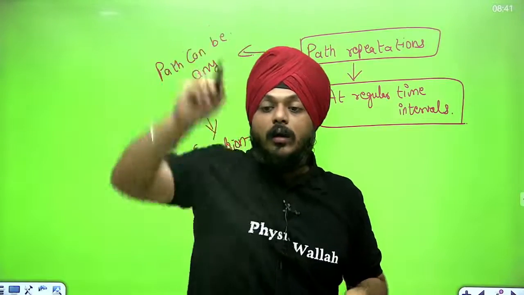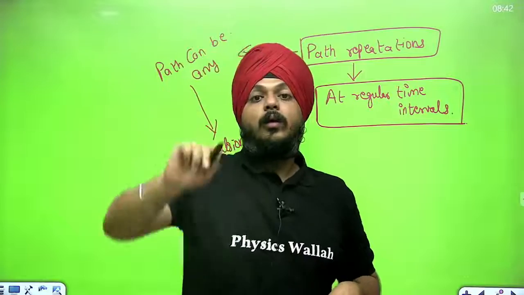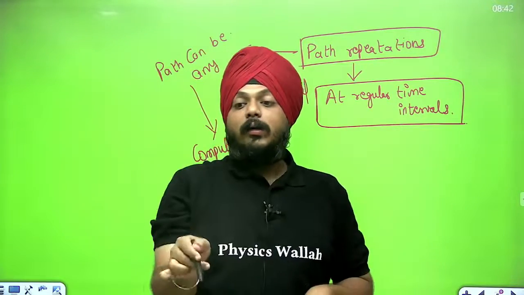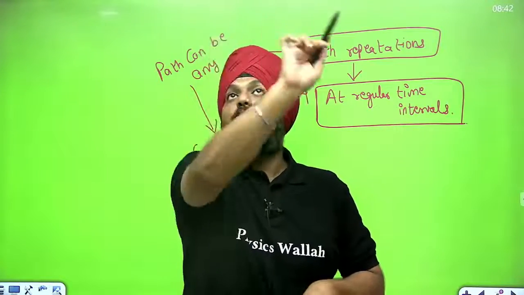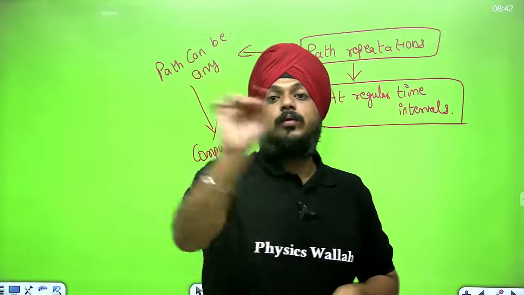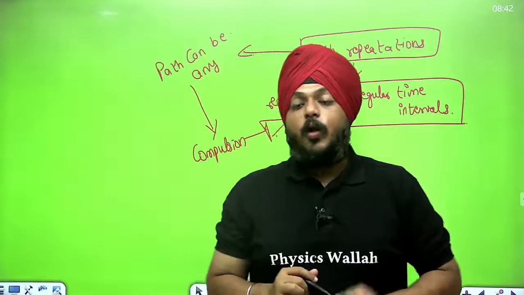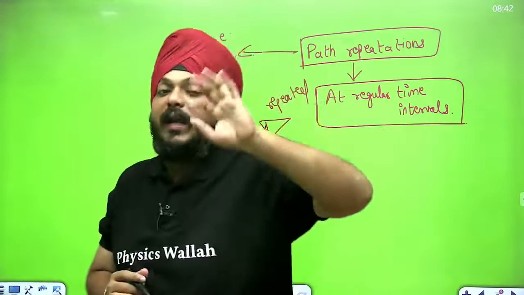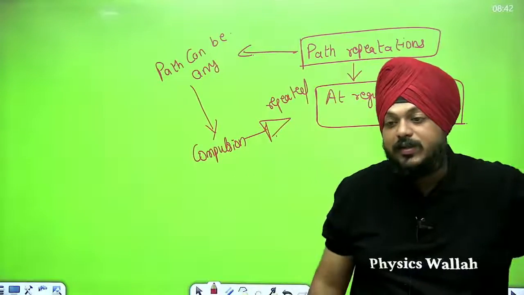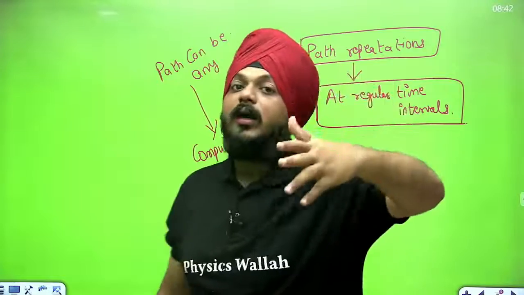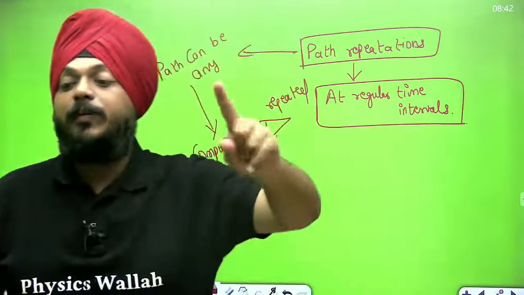You can take 1 minute, 1 minute, 1 minute, or half a minute, half a minute. Whatever path you want to select, you can. It's your choice, but the path should be repeated.